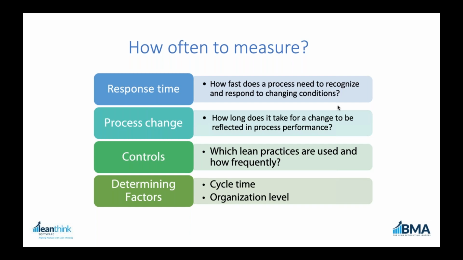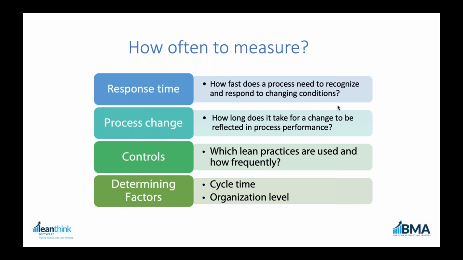If you're working in a manufacturing operation and you have high volume, so you really have what we would call a short feedback loop, you want to measure frequently, because if an abnormality occurs in the process, you need to know fast to correct it because of the high volume.